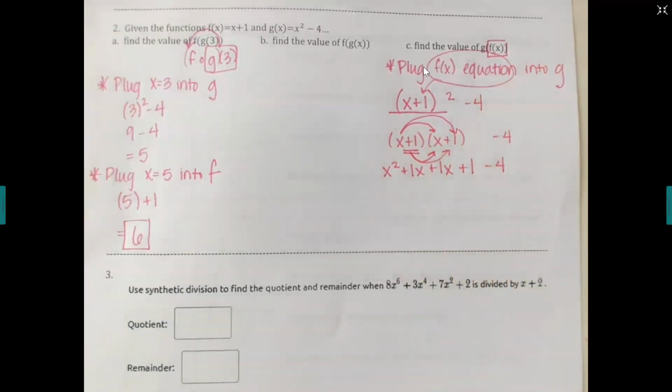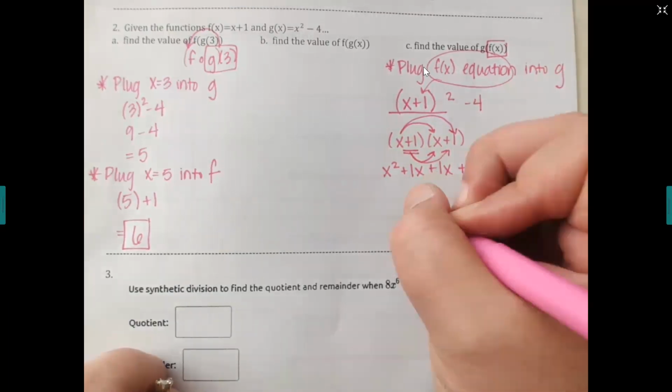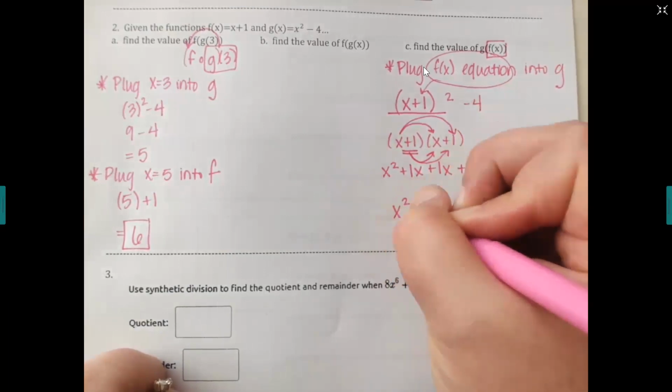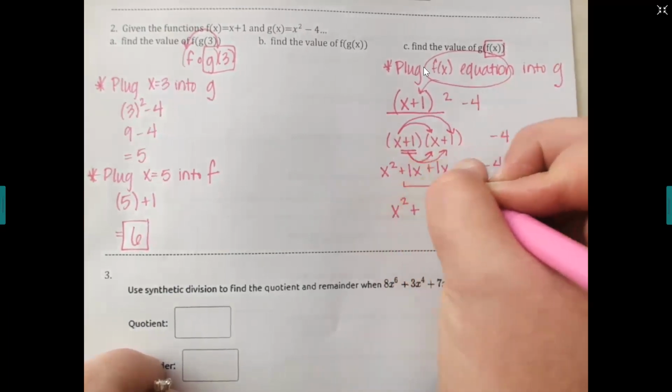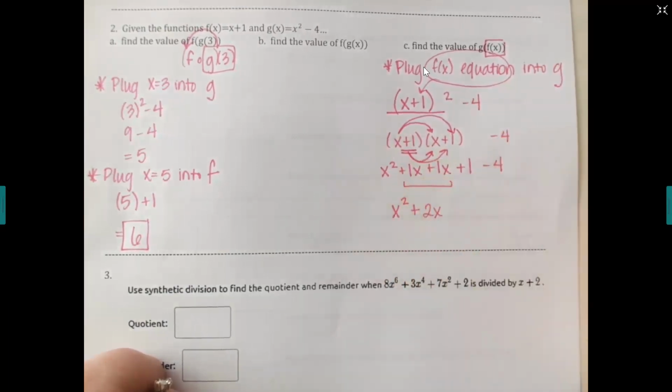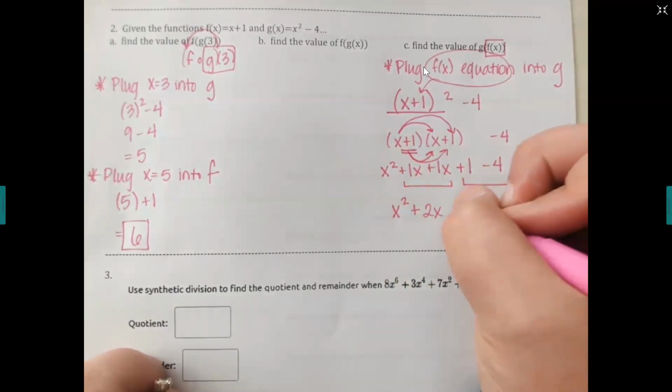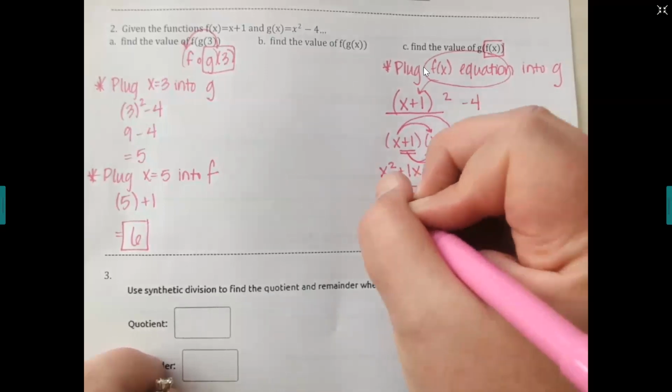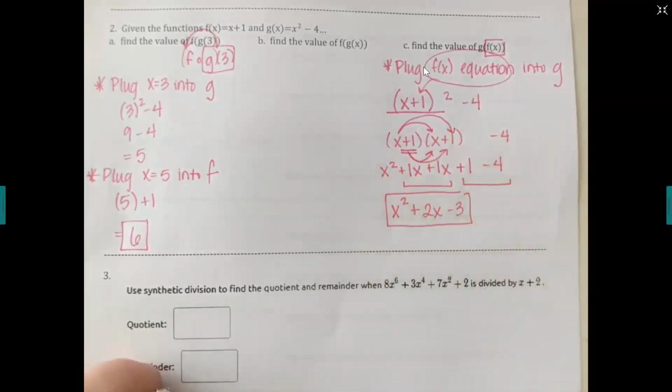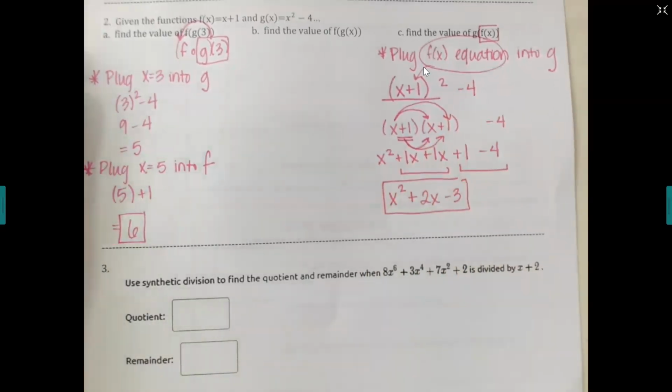Then from there, you're going to combine your like terms. X squared doesn't have anybody to go with. How many final regular x's? That would be 2 x's. And then what is my constant going to be here at the back? Minus 3. Good. So you should be fairly comfortable with plugging equations into each other.